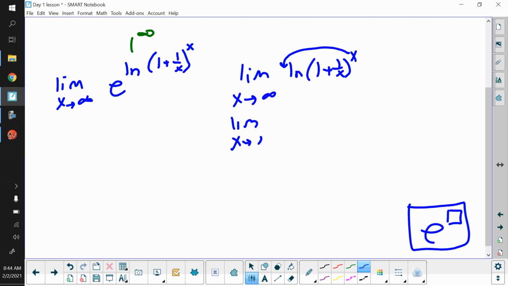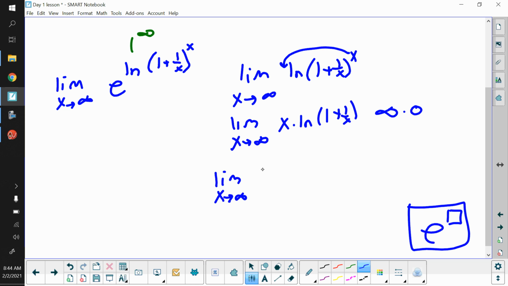So we'll have limit as x approaches infinity of x times natural log of 1 + 1/x. Well, as x goes to infinity, 1 over x goes to 0, so we're approaching natural log of 1, which is 0. And infinity times 0 is an indeterminate product, so we need to move one of them to the bottom.